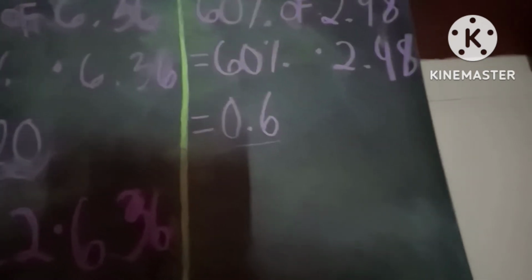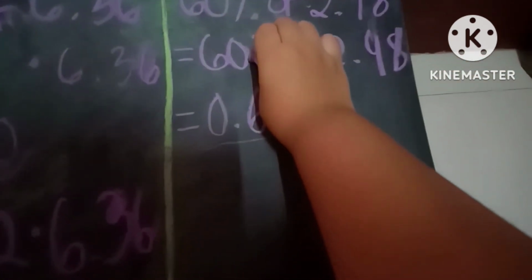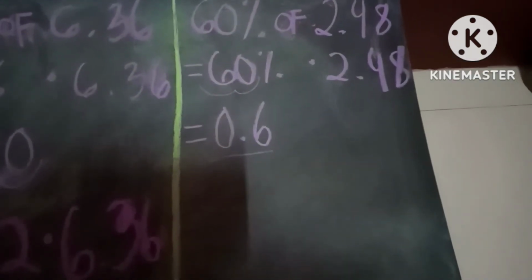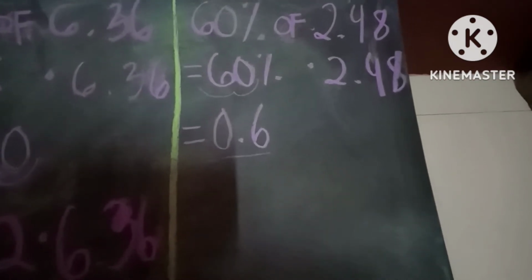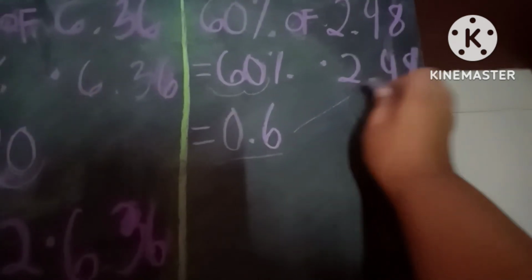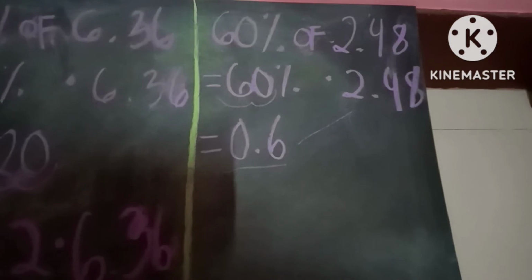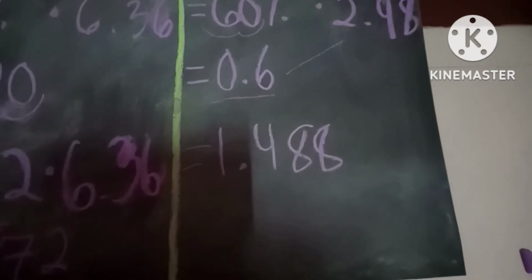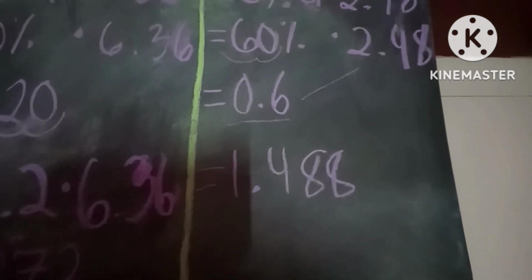To get the 0.6, we just find out the place of the decimal and move to the left. Now that we got 0.6, we can now multiply it to 2.48. Multiplying 0.6 to 2.48 would equal 1.488, which is the quantity taken for the second compound.